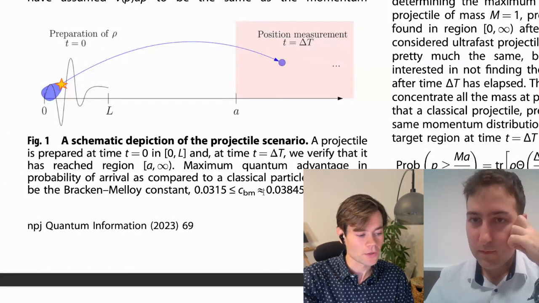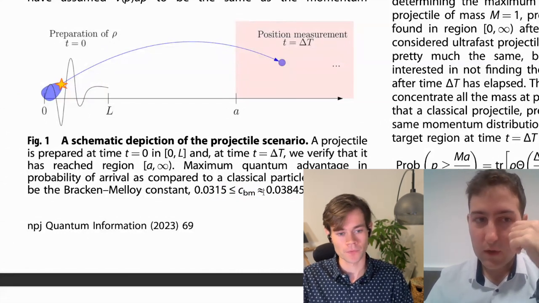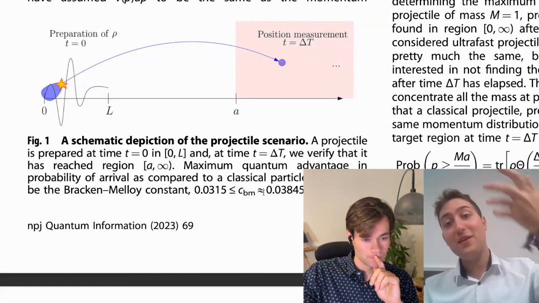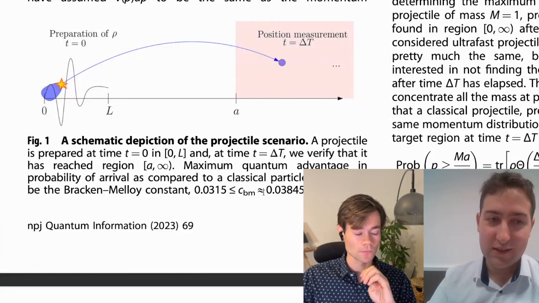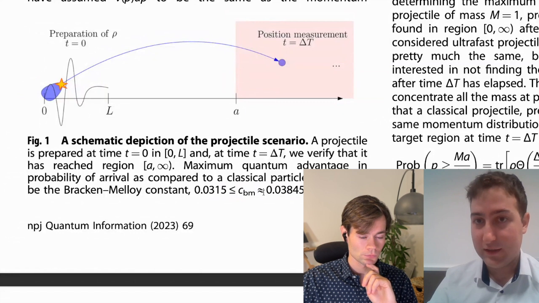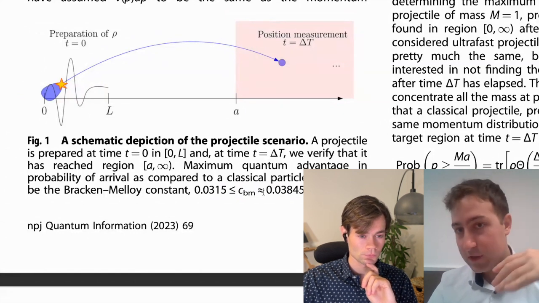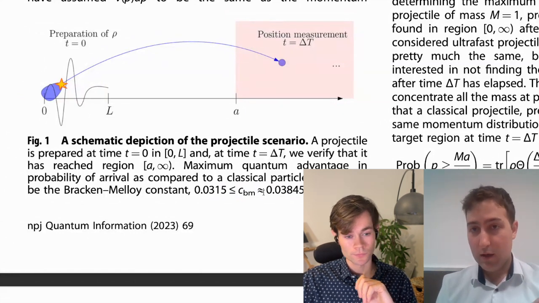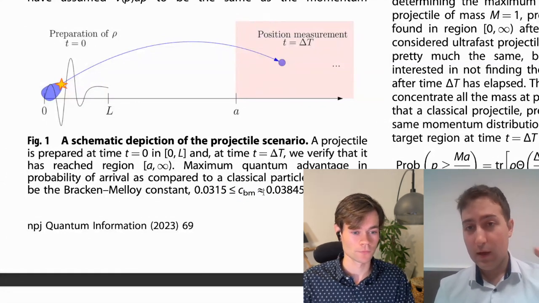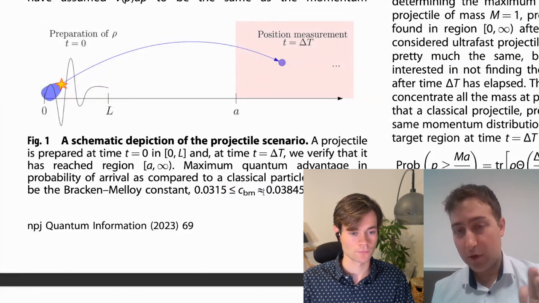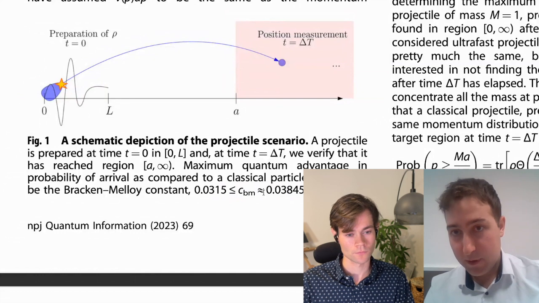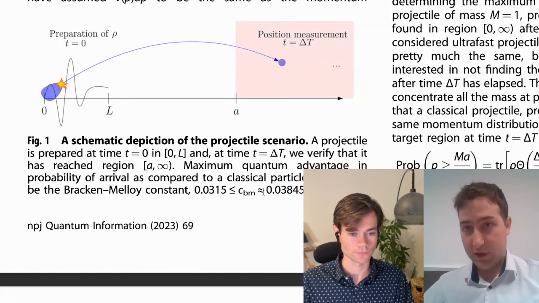What is this constant? Could you give some background as to where that comes from? That comes from a different quantum effect discovered a long time ago, called quantum backflow, which also appears in the title of the paper. Quantum backflow is a phenomenon in which you have a quantum particle with a certain distribution of momentum, and this distribution only has support on the positive real axis, which is to say, if I measure the momentum of this particle, it will always come out positive.